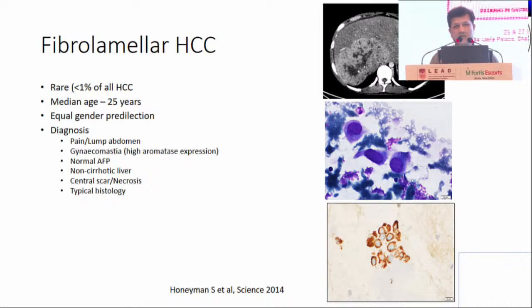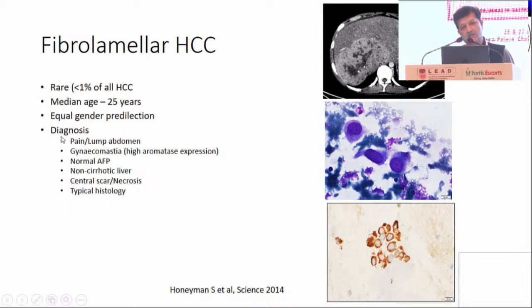Just one slide on fibrolaminar, because we really don't see it very often. This is our own case, what we saw only last month, a young boy around 25 years, who came with just pain abdomen. Fibrolaminar HCC happens in young people.